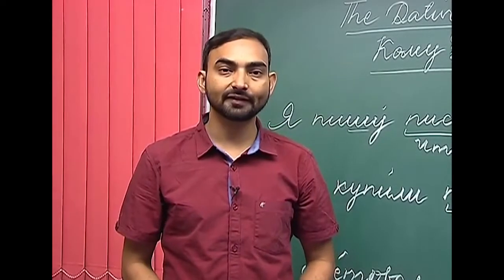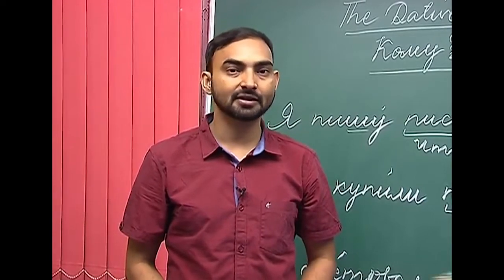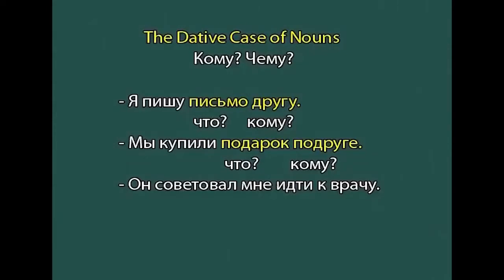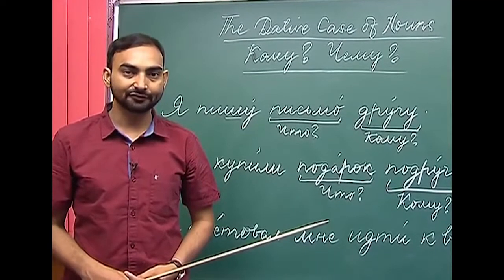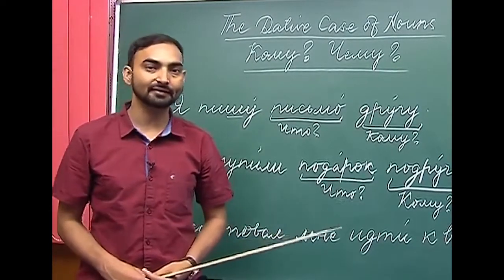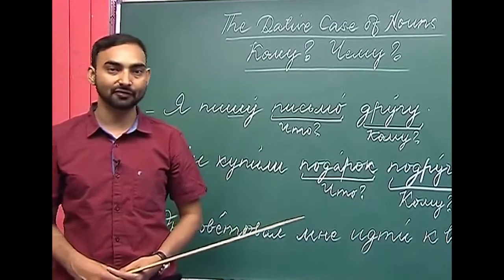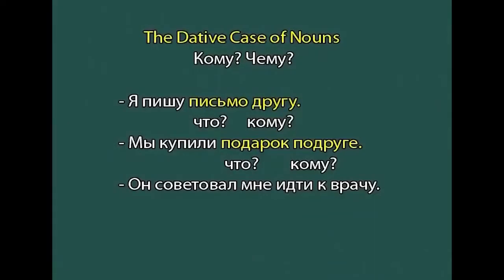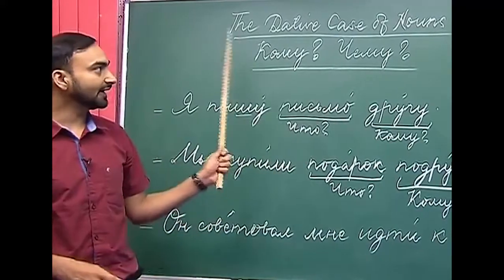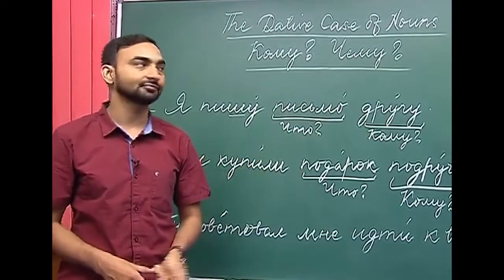The next topic for this lesson today is the dative case of nouns. This is another case; so far we have done nominative, accusative and prepositional cases. Now, we will discuss what the dative case of nouns is in the Russian language. The first thing is the interrogative pronouns, or the questions to which the dative case of nouns answer.